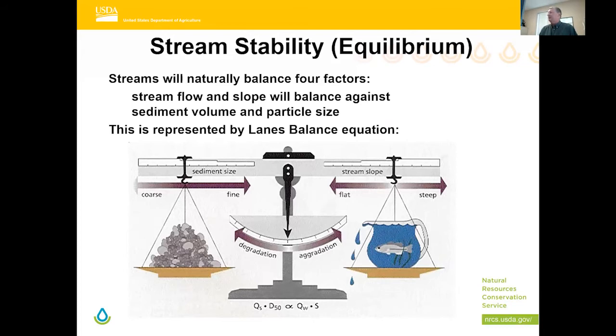So we talk about Lane's balance, which says that streams will naturally balance based on four factors: the flow in the stream, the slope of the stream bed, and that's going to balance against the sediment volume and particle size of the sediments, which is a complex process. But at least in general, you can see that as the stream slope gets more steep and you move the lever arm out on the right hand of the balance, then it's going to tend to degrade the channel. And so that's just a way of expressing those relationships that we look at in streams.